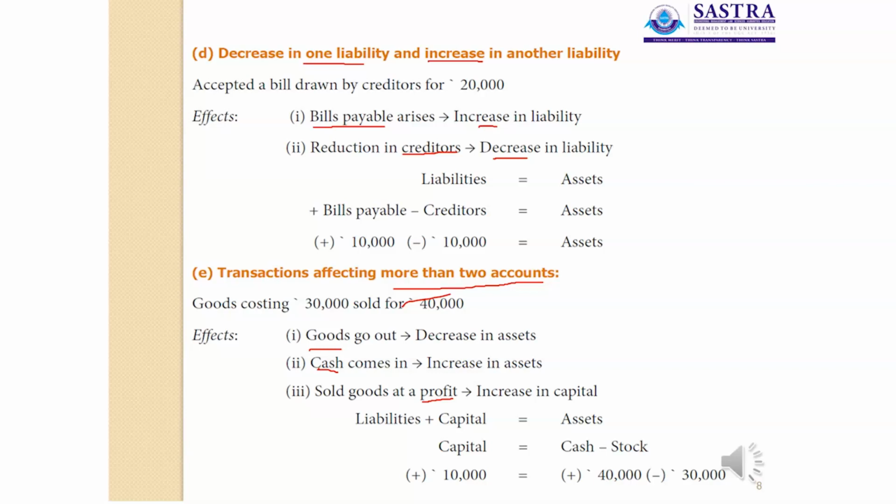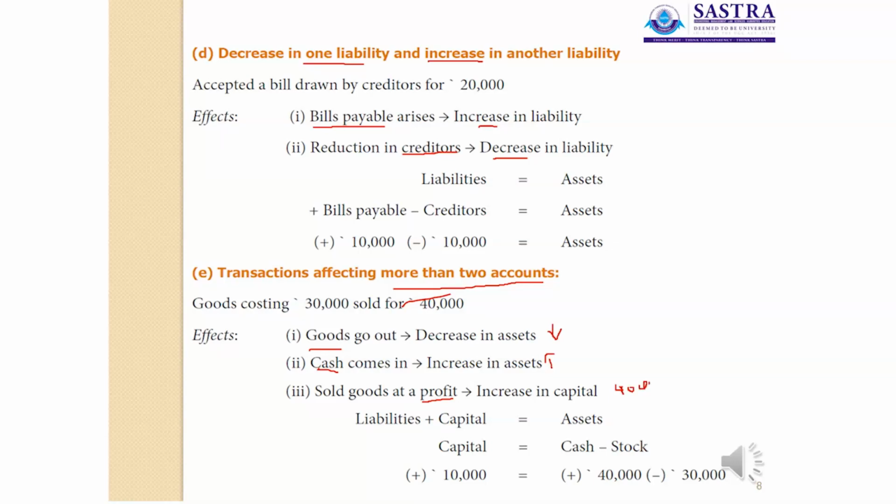Goods go out of the business, so automatically the asset value decreases, that is, the stock value decreases. Cash comes into the business, so the asset value increases. The 30,000 is the cost price of the goods, which are sold for 40,000, the selling price.